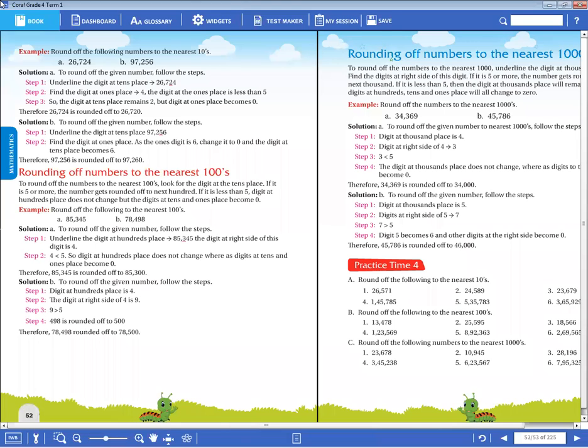So we have to take the same tens only. Very good. What about other children? Very good. Have you cleared?